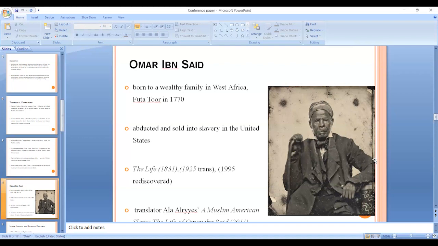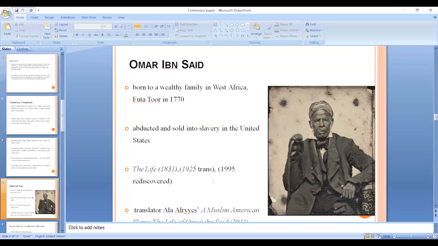As for the translations available of his slave narrative, The Life, the very first text came in the year 1831, and it was subsequently translated in the year 1925. The text was somehow lost and was found in Virginia in a trunk in the year 1995.